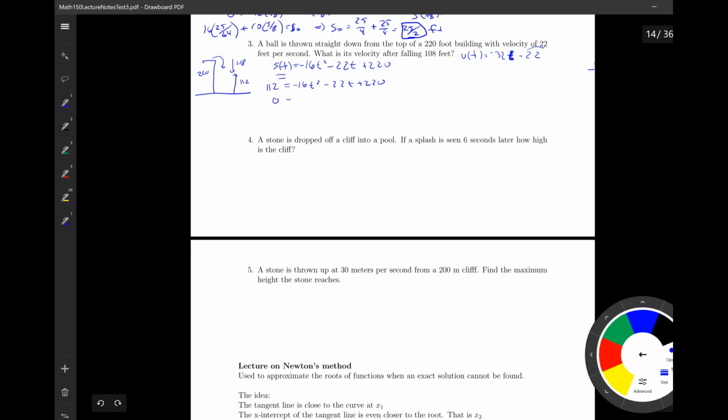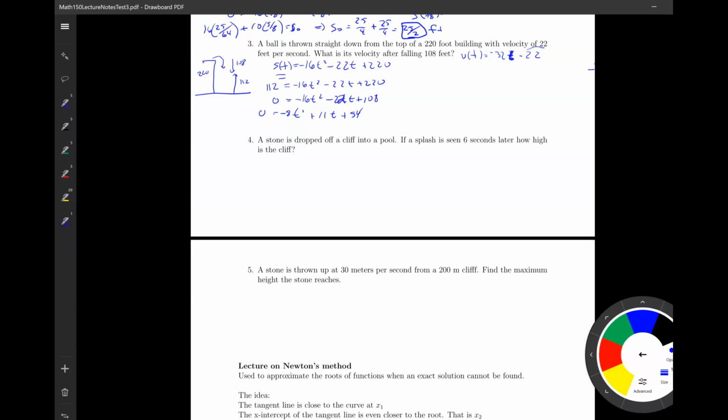So if I set that equal to 0, minus 22t, subtract that over, oh, look at that, plus 108. All right, so if I divide through by 2, might make it a little easier, plus 11t, plus 54.